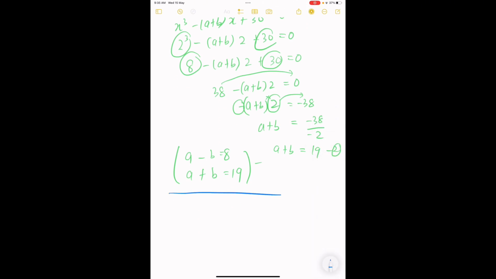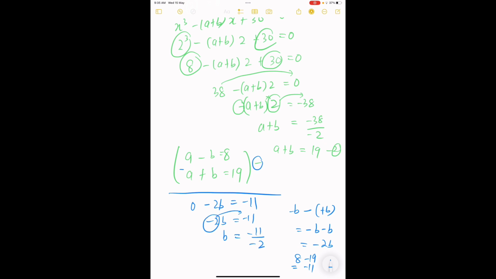And it gives you, when you minus a, 0, minus b, minus plus b, you get minus 2b. So here is minus 2b equals 8 minus 19, which is minus 11. So you can straight away find your b here. This is multiply, right? Bring to the right, becomes divide, which is 11 over 2 or 5.5.